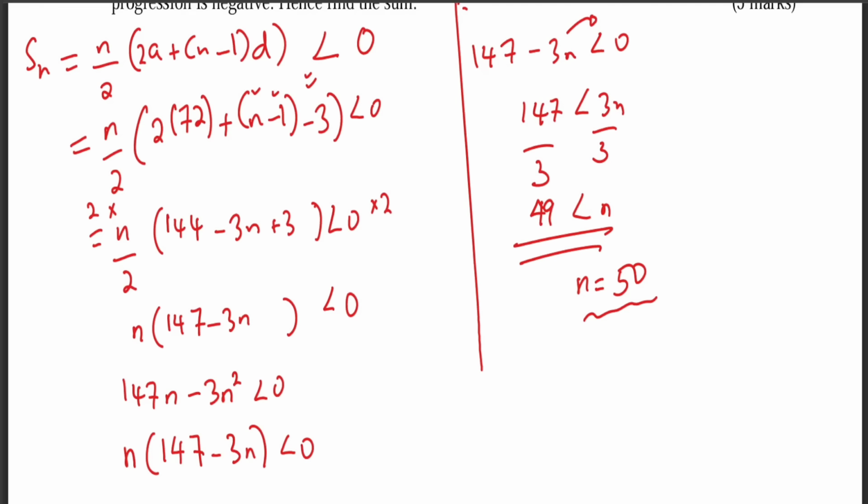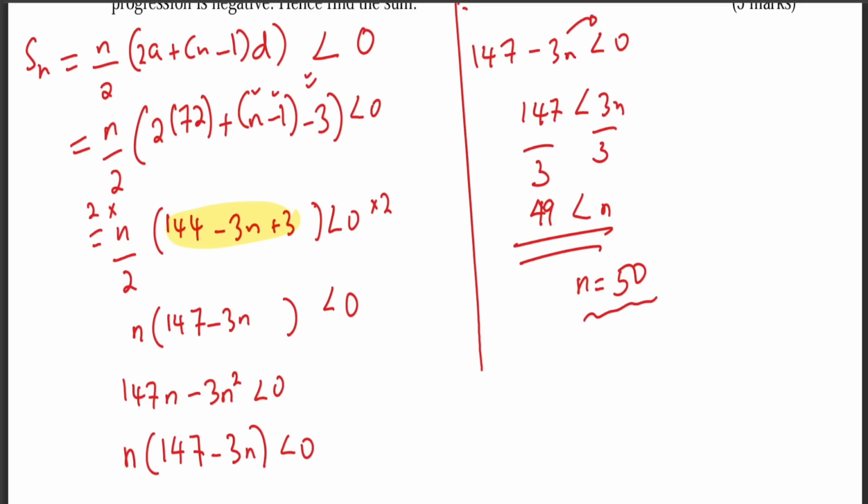If I put 49 into 144 minus 3n plus 3, let me do it here rather than going the long way, 144 minus 3 times 49 plus 3 gives me 0. Even if I multiply by n over 2, it gives me 0.